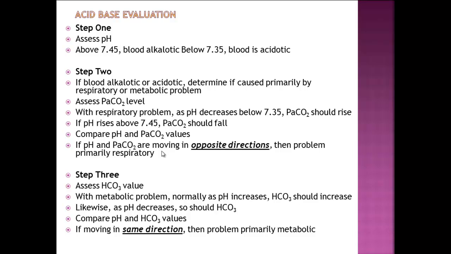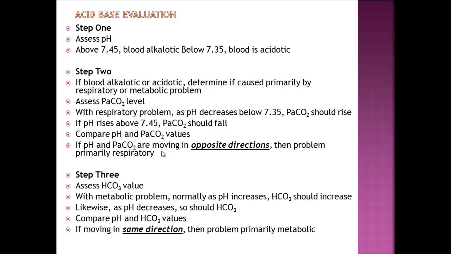Step 2, we're going to try and see if it's a respiratory or metabolic problem. We do this by looking at first the PaCO2 level. If it is a respiratory problem, when the pH drops, the PaCO2 should rise. So the arrows, again, will be going in opposite direction. When the pH arrow points down, if the PaCO2 arrow points up, that means it's respiratory.